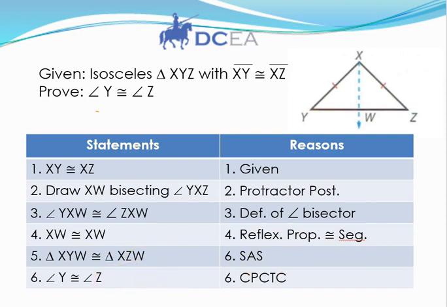Now we can look at our last pieces that we need to prove, and we can state now that angle Y is congruent to angle Z because of CPCTC. So this is a fairly common proof. These same steps will be used in many proofs. And be sure to remember that whenever you're setting something congruent to itself, this is reflexive property.